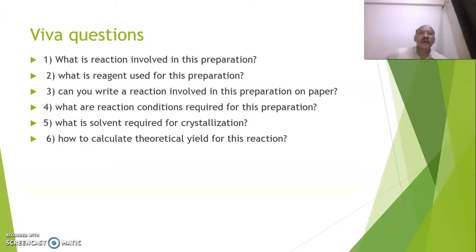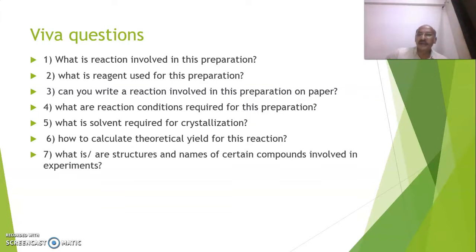For that, you have to always consider the molecular weight of the reactant as equal to the molecular weight of the product according to the law of conservation of mass. And therefore, according to how much weight we have used of the starting compound, we can calculate the theoretical yield. And on the basis of theoretical yield, we can calculate percentage practical yield.